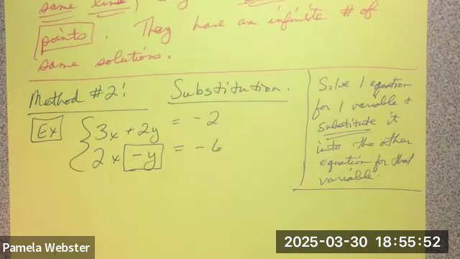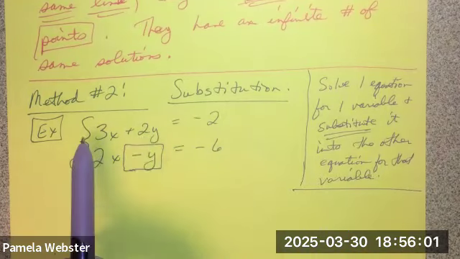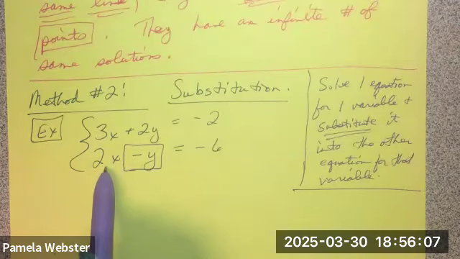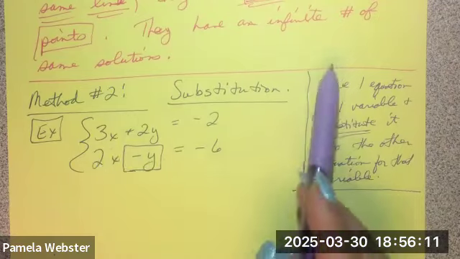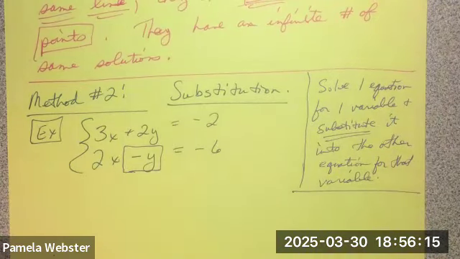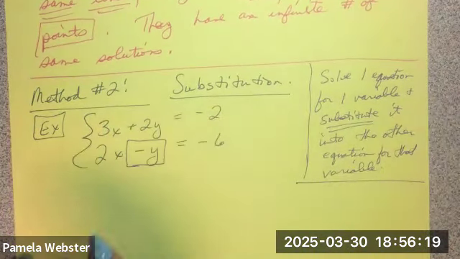I like that for solving for that variable because I'm not going to have to divide by like a 2 if I were to solve here for y. If I were to solve this one for x, I'd have to divide by a 3. And if I were to solve this equation for x, I'd have to divide by a 2, right, to get that variable by itself. That's what we mean by solve for one variable, is get that variable completely by itself. And I just don't want to do that if I don't have to.